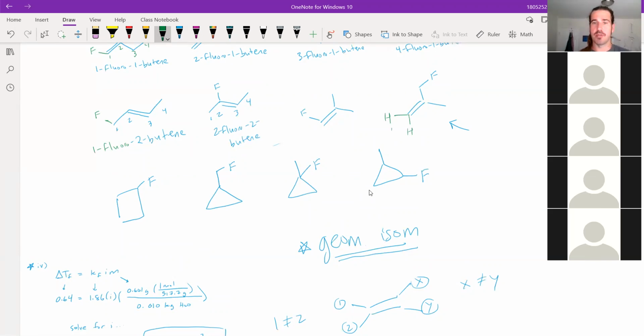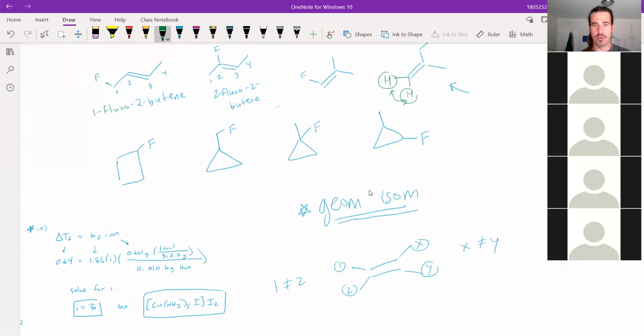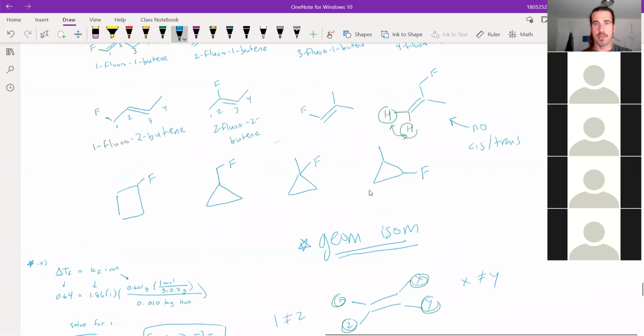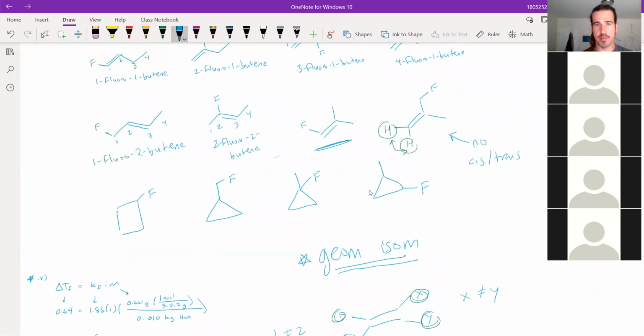If I switch those around, that doesn't change it, right? That's why this rule says these 2 things have to be different, and these 2 things have to be different. So that one has no cis-trans, no geometric isomers. Same thing for this one here, because these are 2 methyl groups, which are the same.